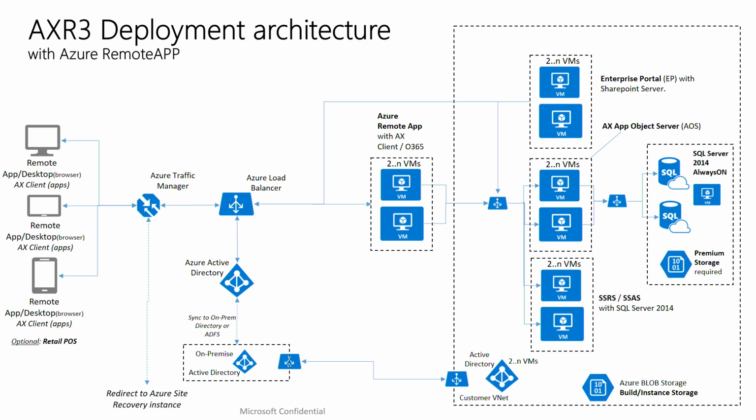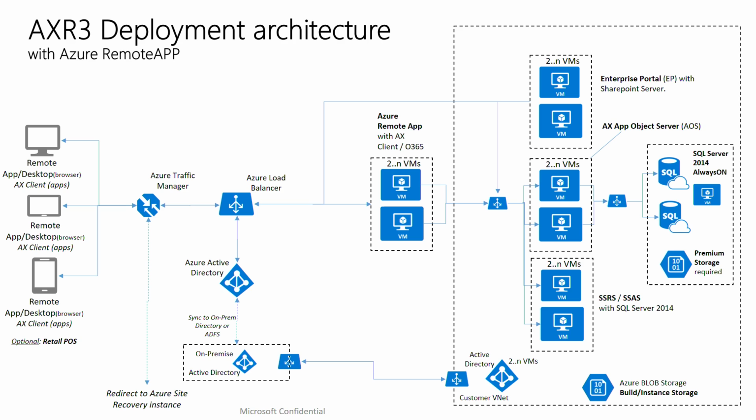We have two different options as far as how you access Dynamics AX. You can either deploy an RDS server on your own, which we support, or you can deploy Dynamics AX as Azure RemoteApp. So that's the Azure piece that we have incorporated into our deployment.